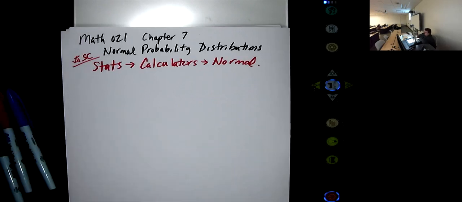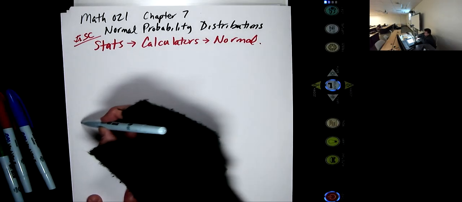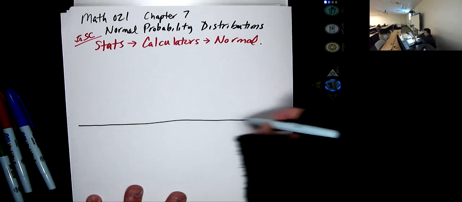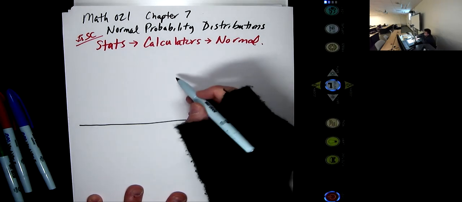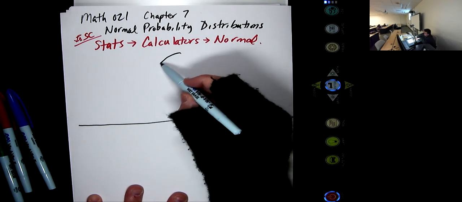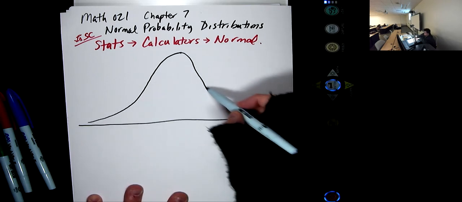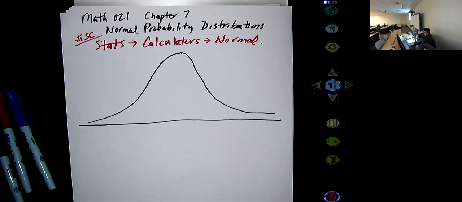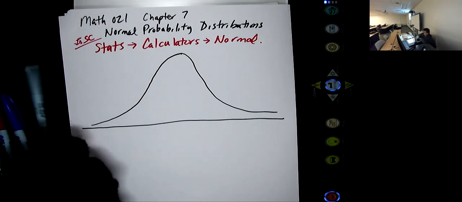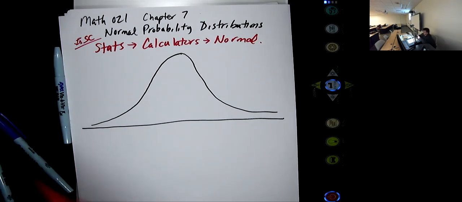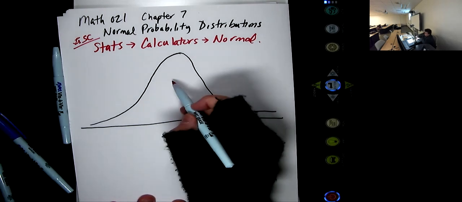So the normal distribution model, this is the bell-shaped distribution. I could have one like that, or I could have one that's lower.